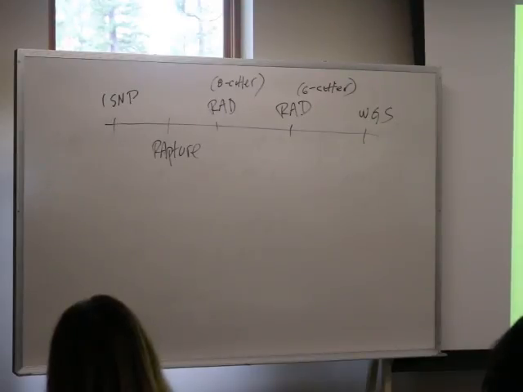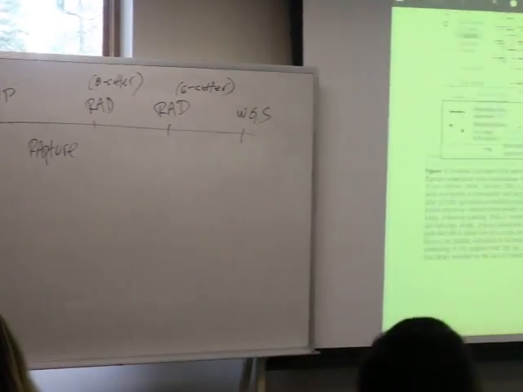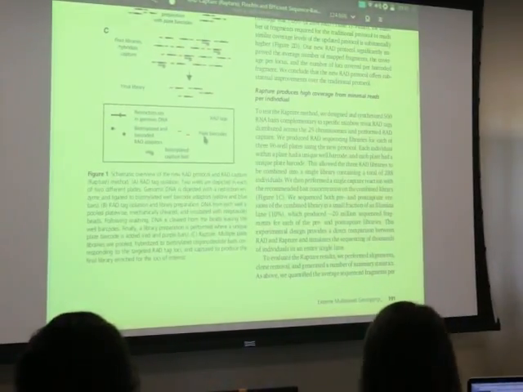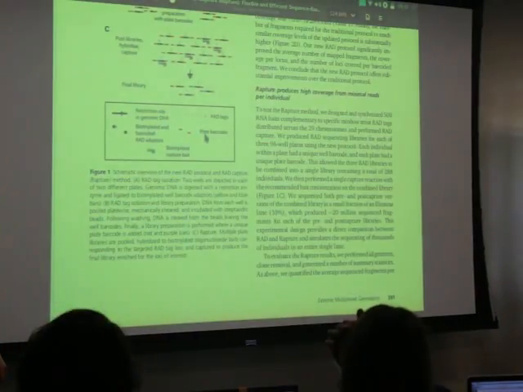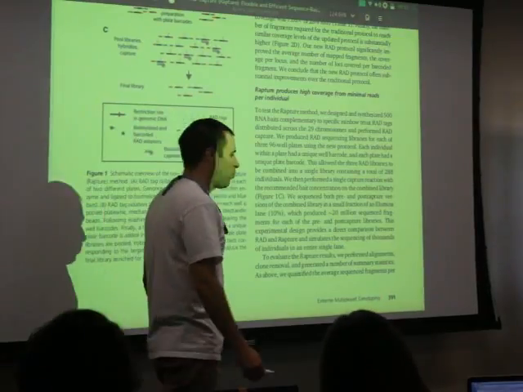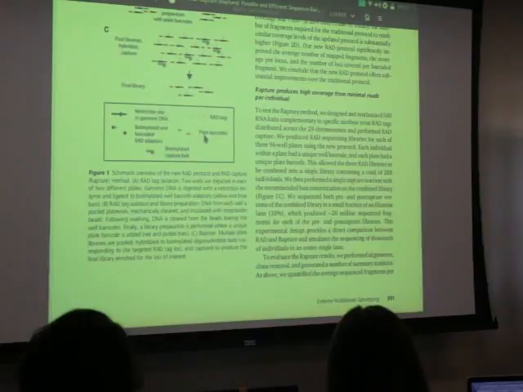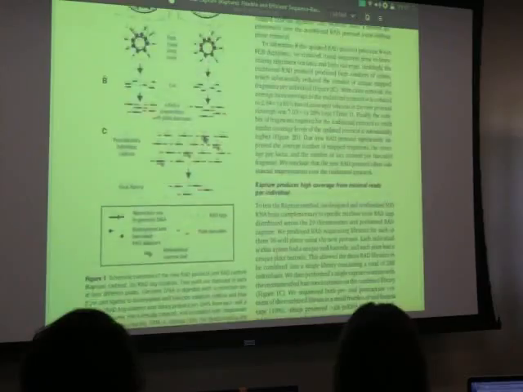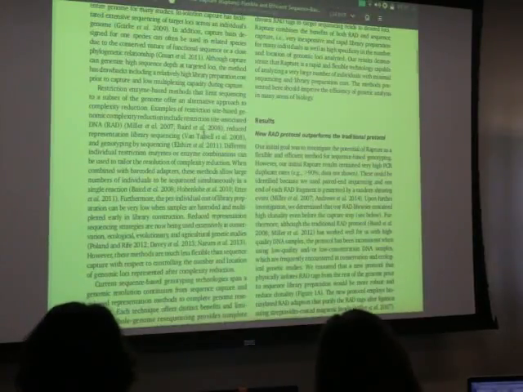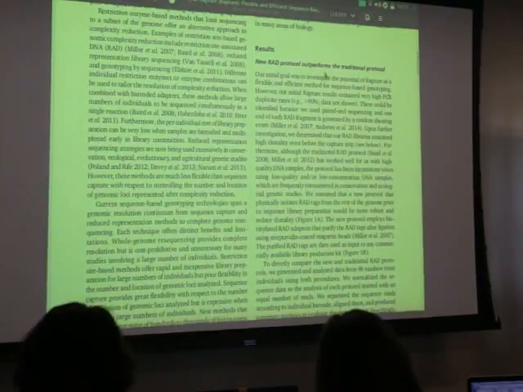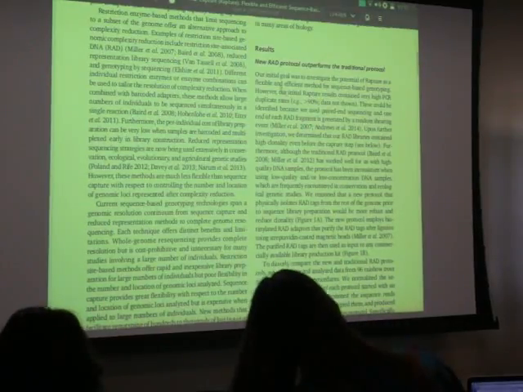So we've been doing RAD for a while, and we figured out, okay, we're interested in this Rapture method to sort of fill in this gap here again, but we tested it and we had this issue. We talk about this in this paragraph. So we say, our initial goal was to investigate the potential of Rapture as a flexible and efficient method for sequence-based genotyping.